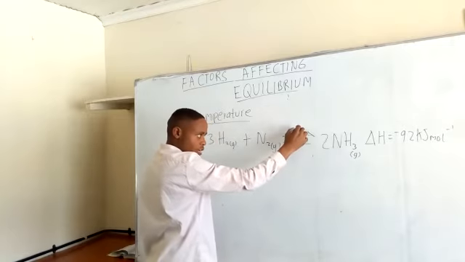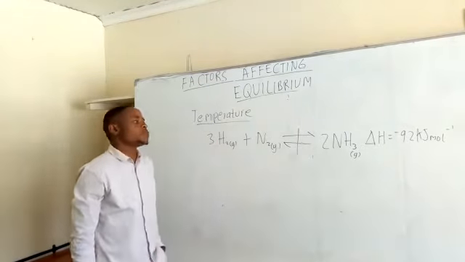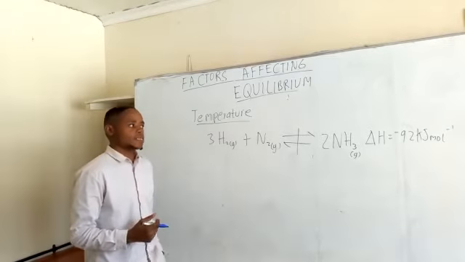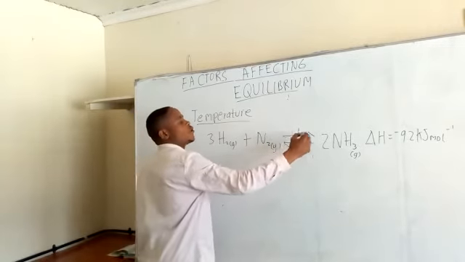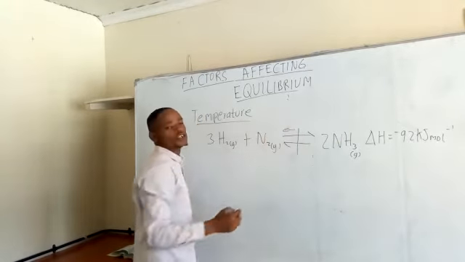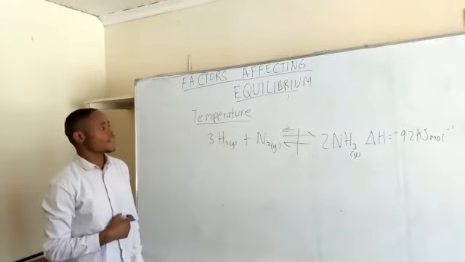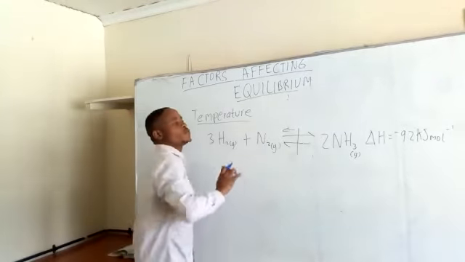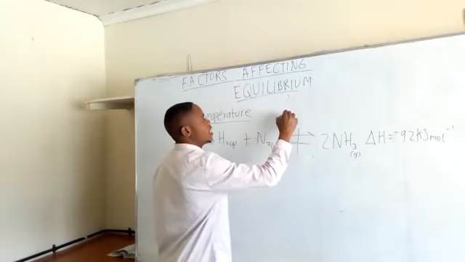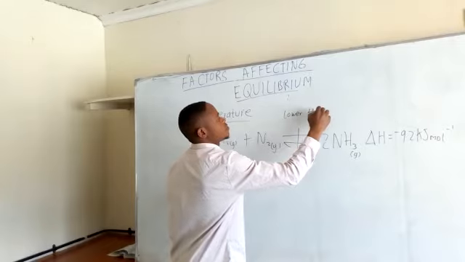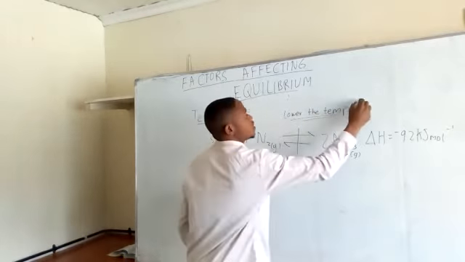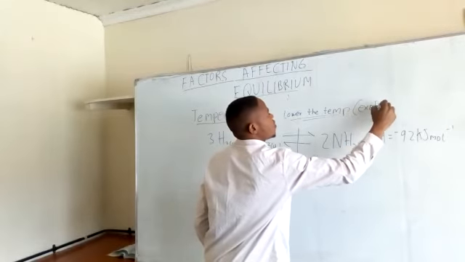So if the position of the equilibrium was at the center, and then we raise the temperature, the forward reaction will not be favored, and the position of the equilibrium will shift towards the left. So in order to favor the forward reaction, we must lower the temperature, because the reaction is exothermic.